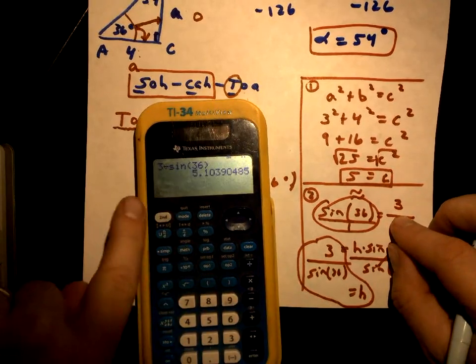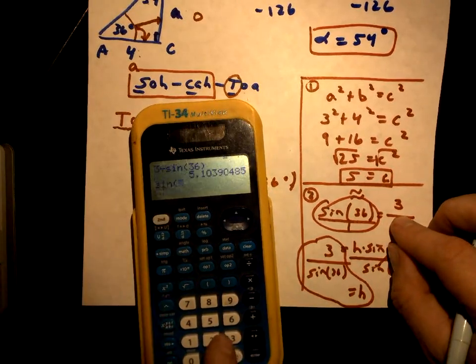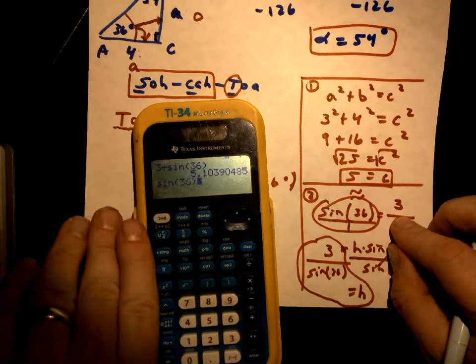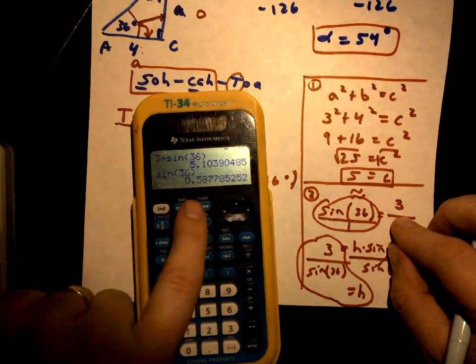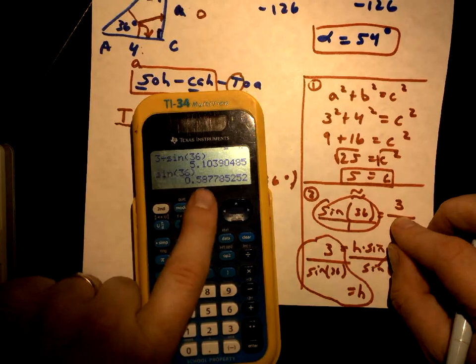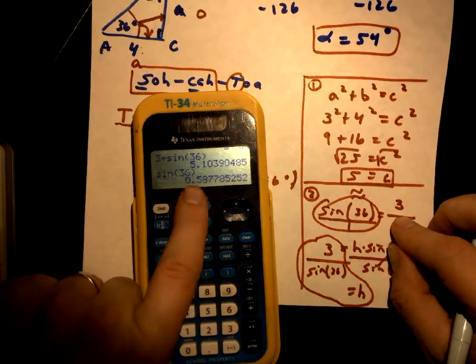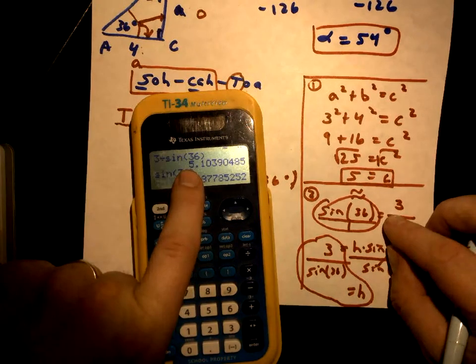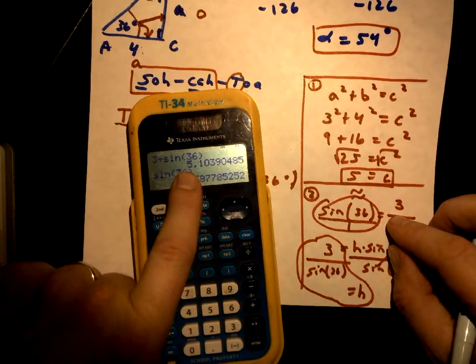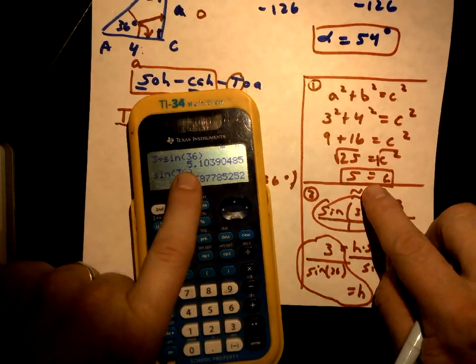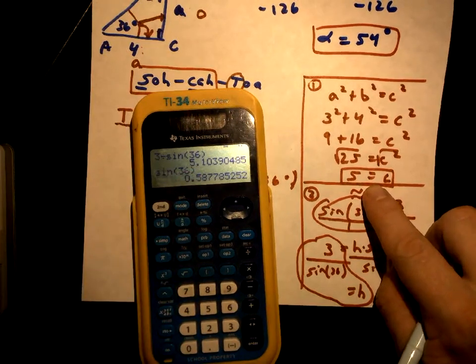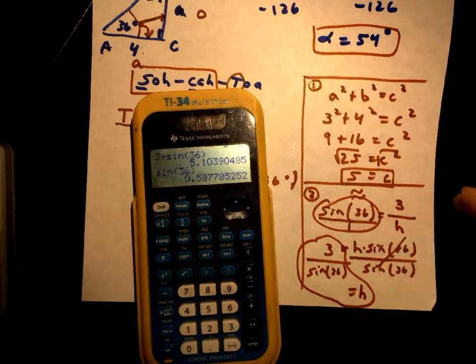If you hit the sine of 36, just 36, and hit equals, do you see what happens? See how that's like a decimal? That's the reason that this will be a little bit off. So you can say that these are the same if you're going to round up. It's up to you, but at least you're in the ballpark.